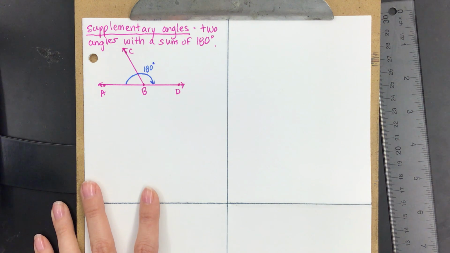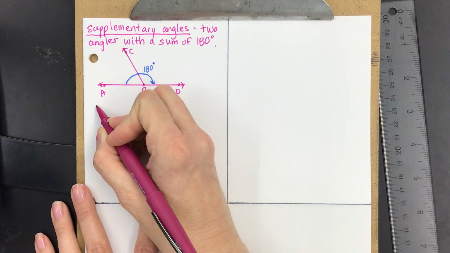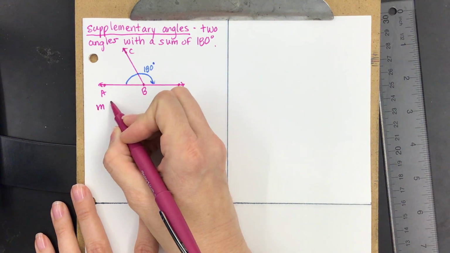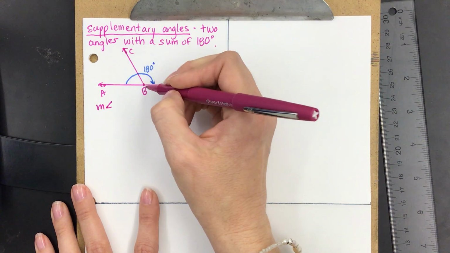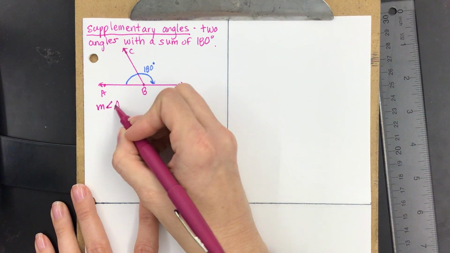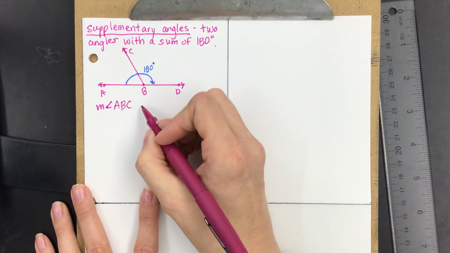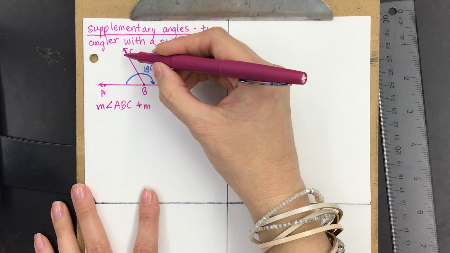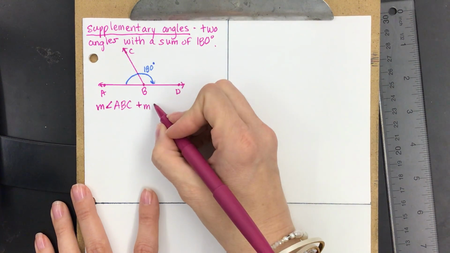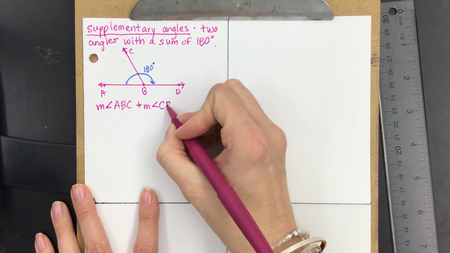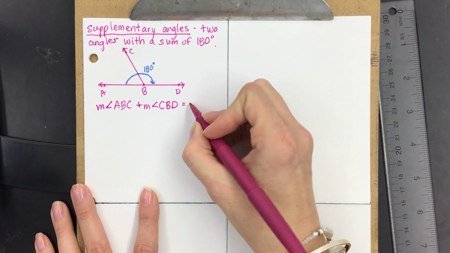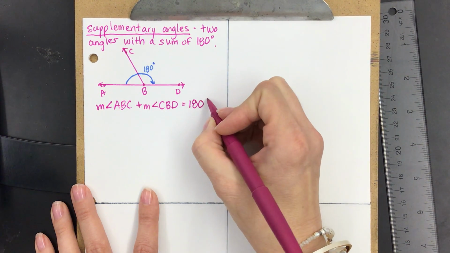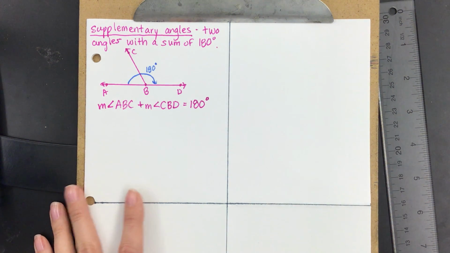And I can write a statement for this, just so that you can see how to write the angle names. We can say that the measure, M, of the angle ABC plus the measure of angle CBD is equal to 180 degrees, okay?